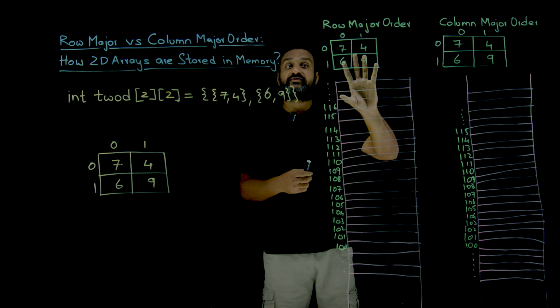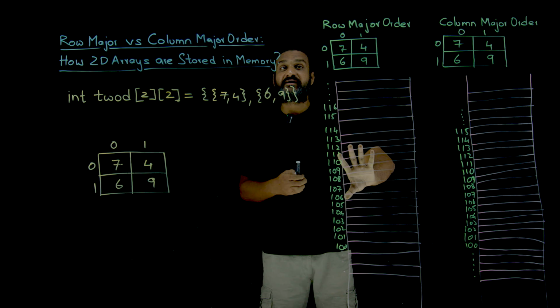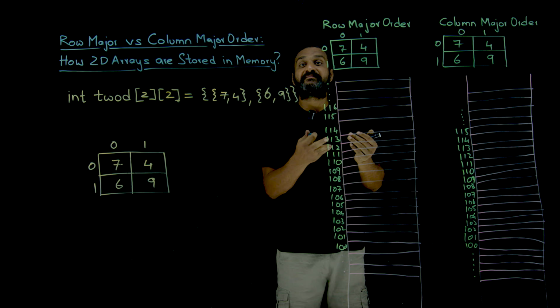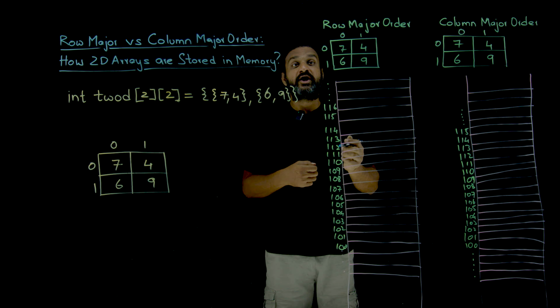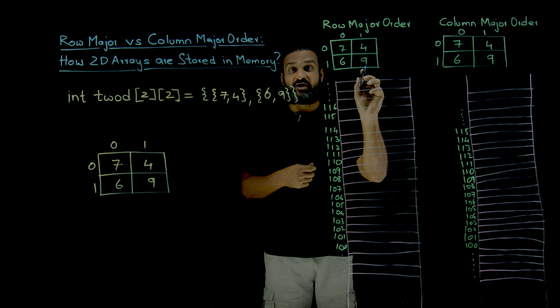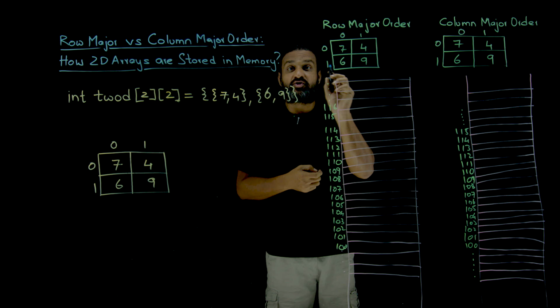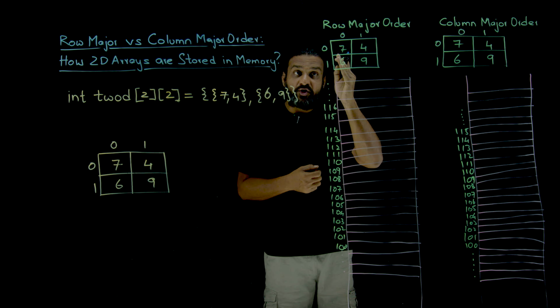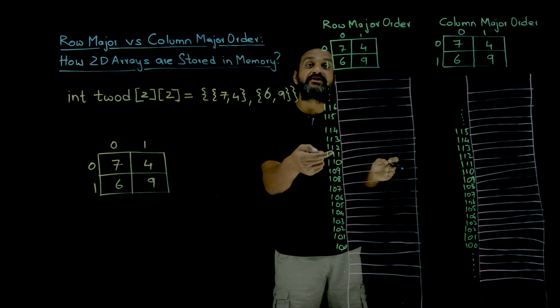So how will the elements get stored in memory if the compiler implements row major order? Row wise. The name itself states that row wise the elements will be identified, and row wise the elements will be stored in memory.